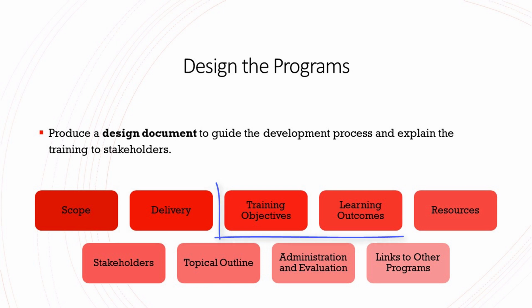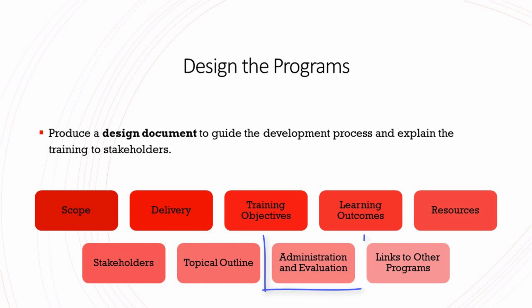In addition to the training objectives and learning outcomes, it also describes the resources that need to be developed or purchased, and the stakeholders who will be involved in the development process. Trainers, instructional designers, and managers, for example. The topical outline includes all the topics that the training will cover and the order in which they will be taught.